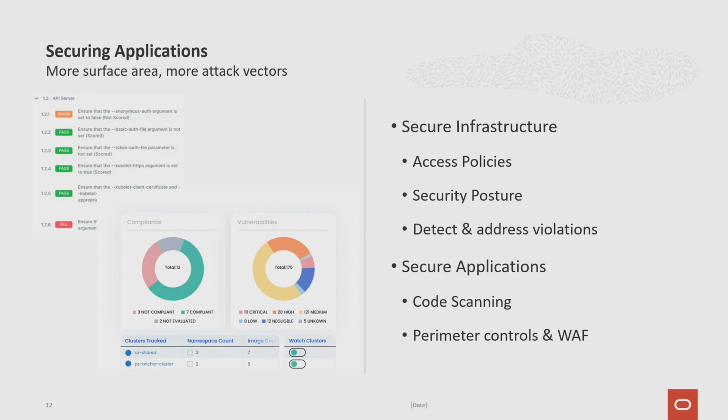There are tools available that can tell you everything from container supply chain to your actual infrastructure security posture. These are the tools that you can leverage in order to get insight on how secure am I, right? You can detect and address these violations.